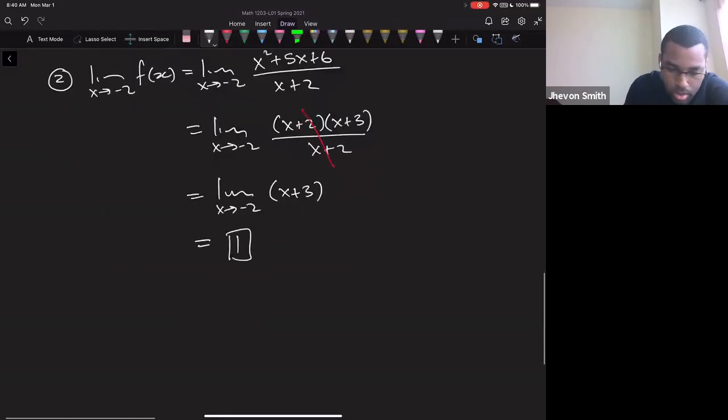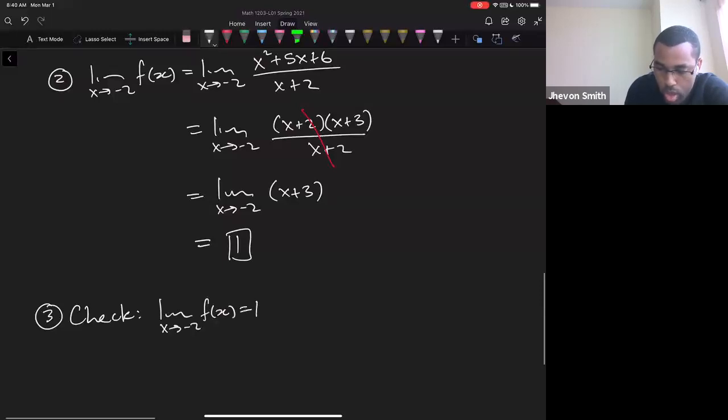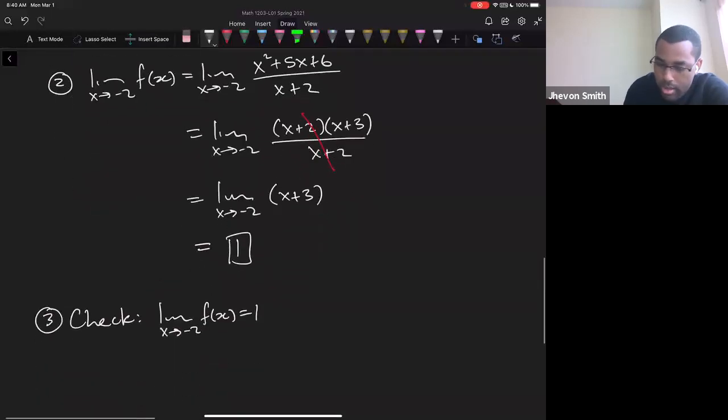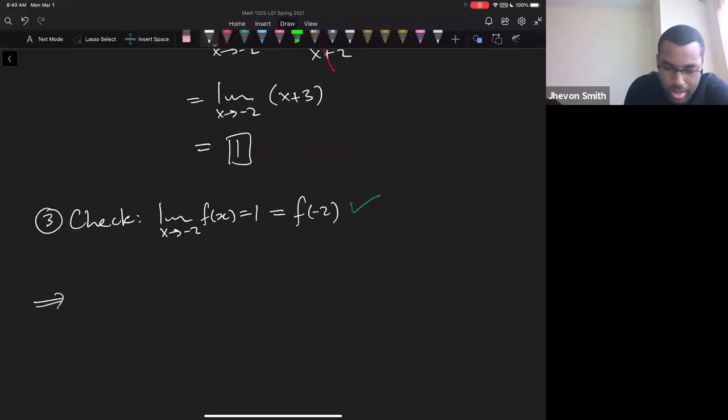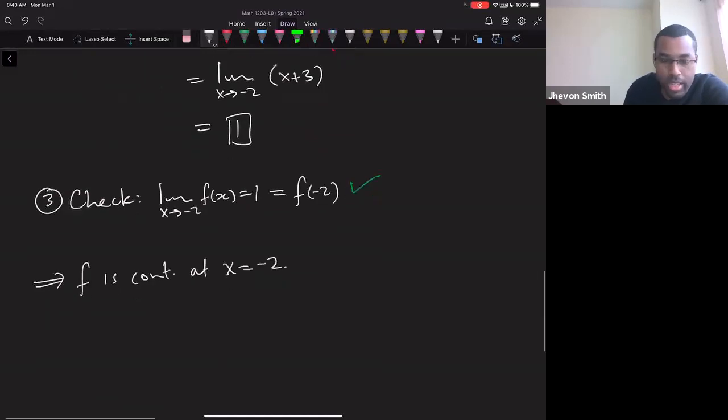And so now, third, I just do my check. I know that the limit as x approaches -2 of my function was 1. And hey, that is actually equal to the value of the function at that point. So ding, ding, ding, you say f is continuous at x equals -2 specifically.